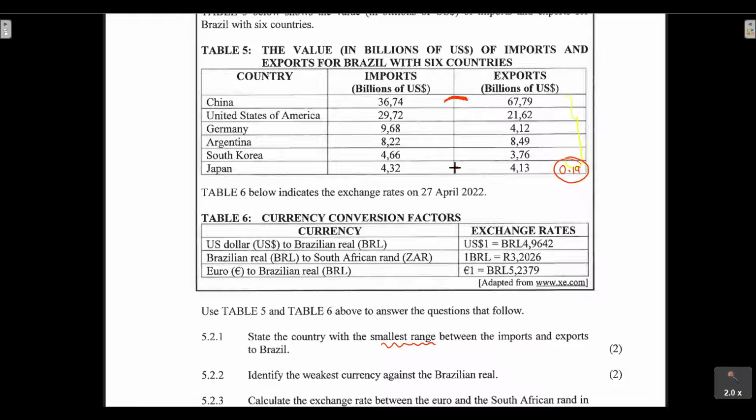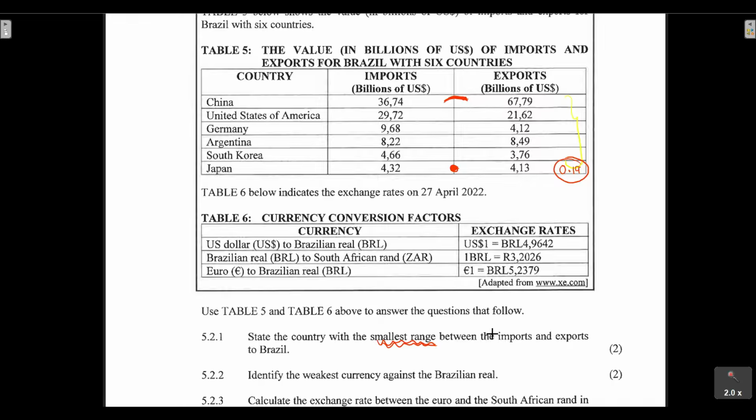Between the imports and the exports, Japan has the smallest difference between these two values. Therefore, the country that will give us the smallest range between the imports and the exports to Brazil is Japan.